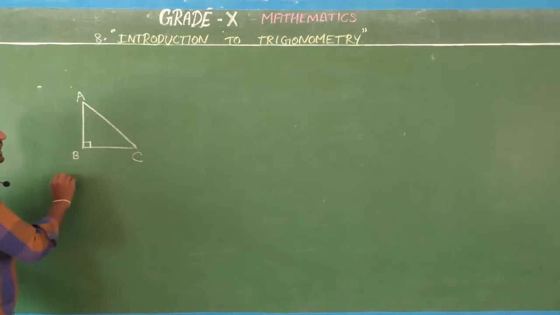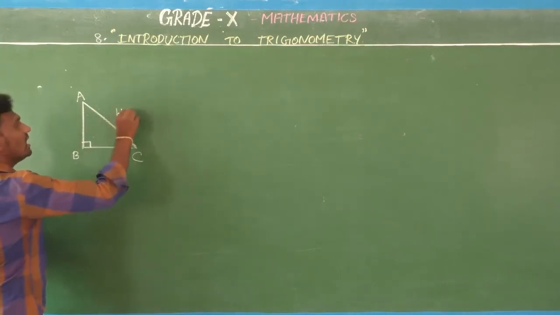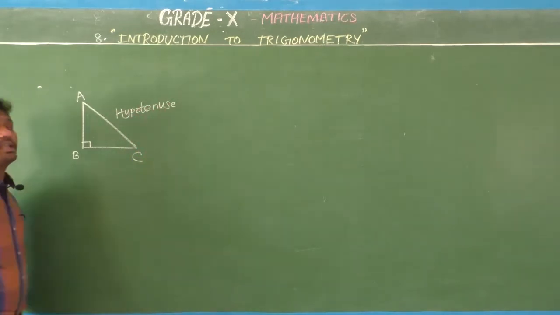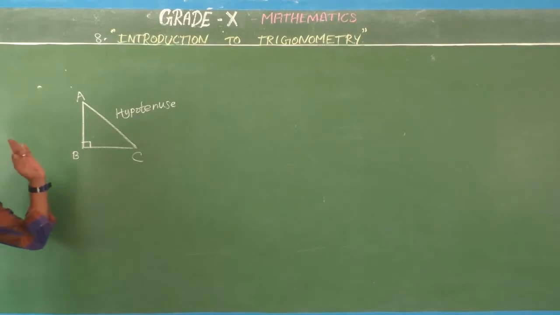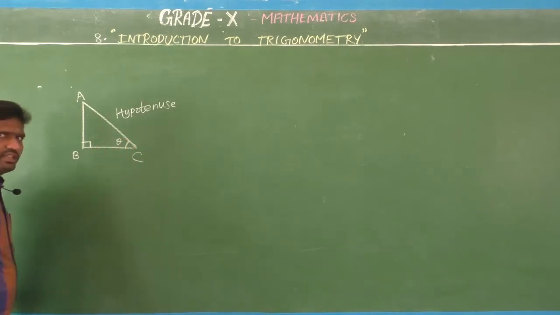So from your right angle triangle, the side opposite to the right angle is called the hypotenuse. What is your hypotenuse? Opposite to the right angle. Yes, student. Suppose you are going to take the angle C as theta. Theta, already you know, students, is the symbol used to measure an angle.